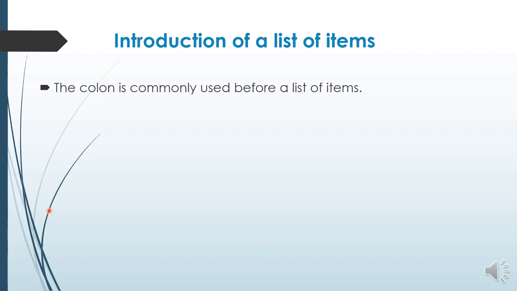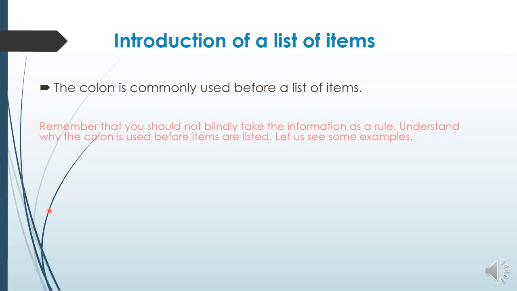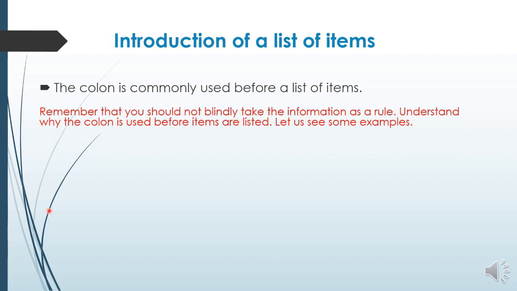You could always hear people give you this function of the colon as the first or the most popular. Remember that you should not blindly take the information about the use of the colon as a rule. Understand why the colon is used before items are listed.